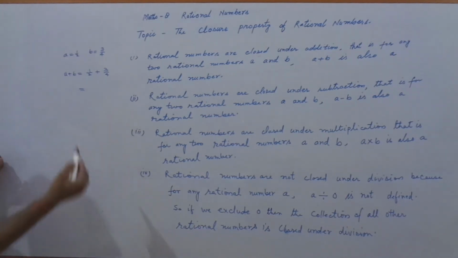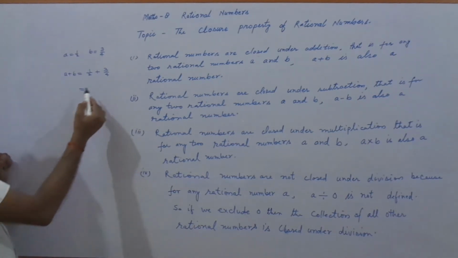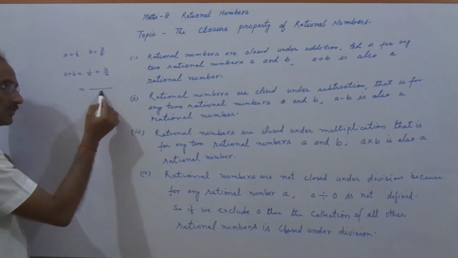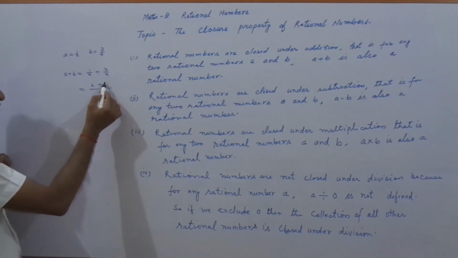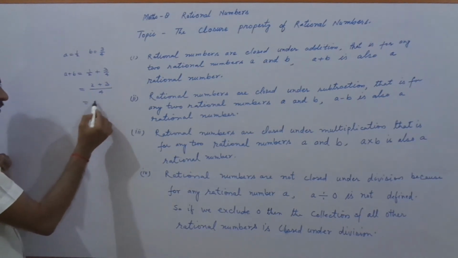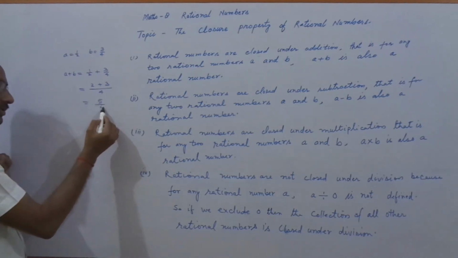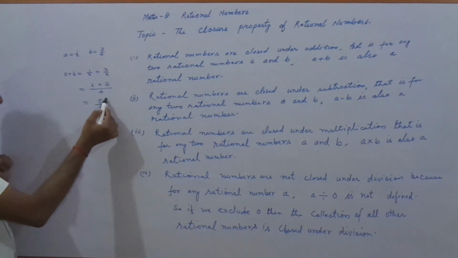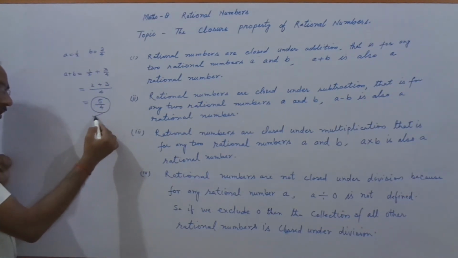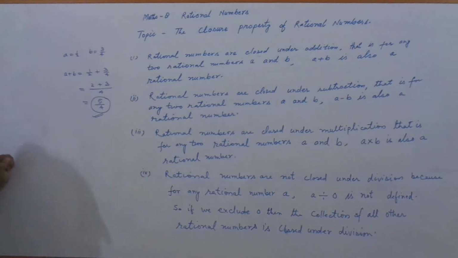On adding 1 upon 2 and 3 upon 4, we get the LCM is 4. So 2 2s are 4, 2 1s are 2, plus 3, it is 5 upon 4.